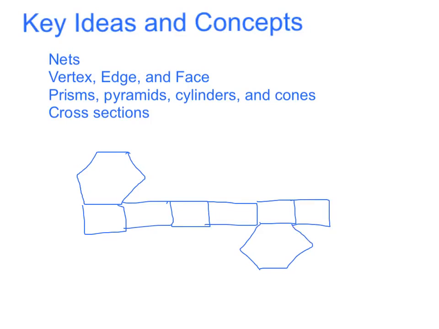And if we were to fold that up, we would have a hexagonal prism. We should be able to look at a three-dimensional figure and identify the vertices, the edges, and the faces. And we should know the difference between prisms, pyramids, cylinders, and cones. Finally, we should be able to identify what sort of cross-sections are created when we slice a plane through a three-dimensional object.